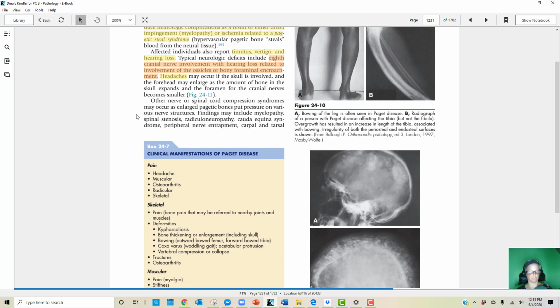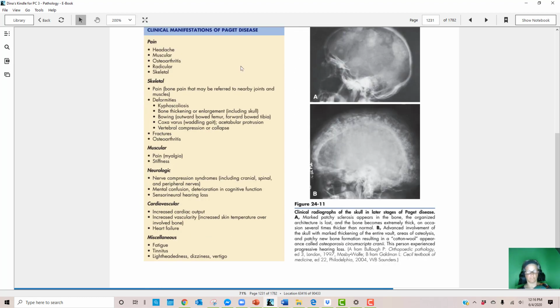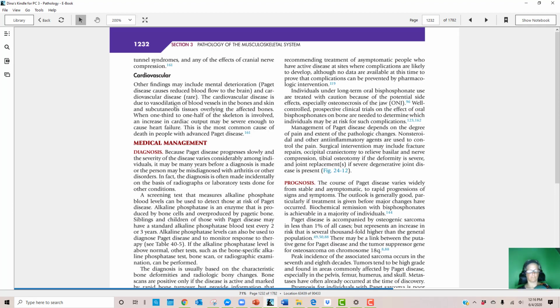Findings may include myelopathy, spinal stenosis, radiculoneuropathy, cauda equina syndrome, peripheral nerve entrapment, carpal and tarsal tunnel syndromes, and any of the effects of cranial nerve compression. Cardiovascular. Other findings may include mental deterioration, as Paget's disease causes reduced blood flow to the brain, and cardiovascular disease, though rare.